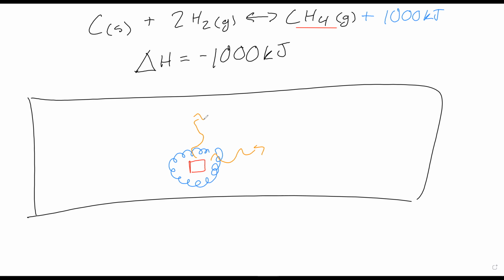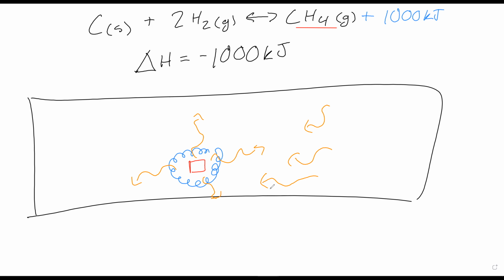It is an exothermic reaction. What happens if I add more heat? If I add more heat, there's more heat in the system, but the reaction itself is already giving it away. It's not going to use that heat to produce more of the product that I want because it's giving away heat.